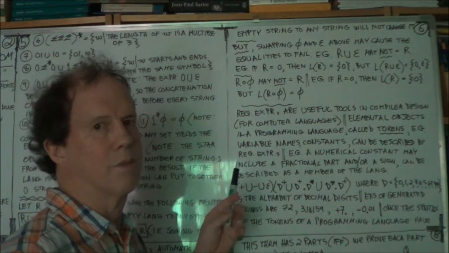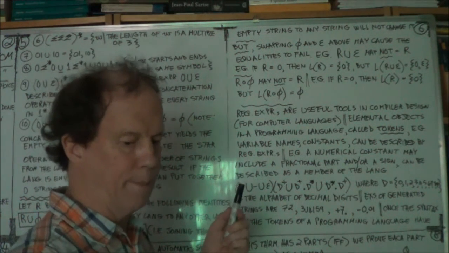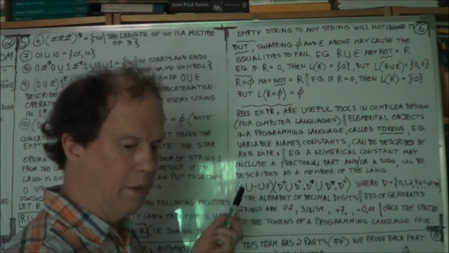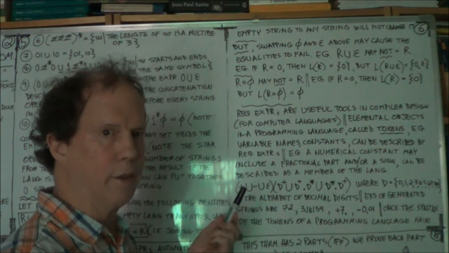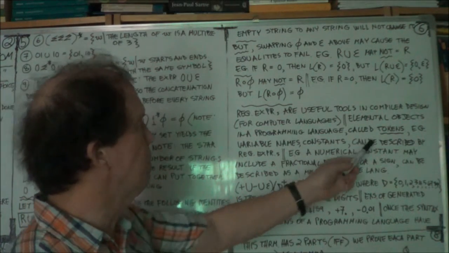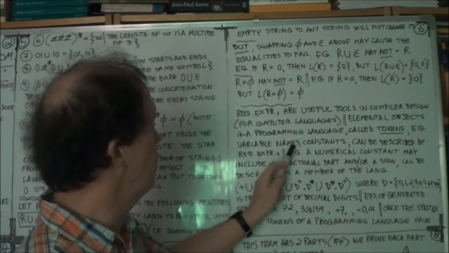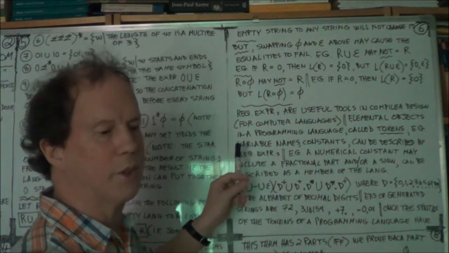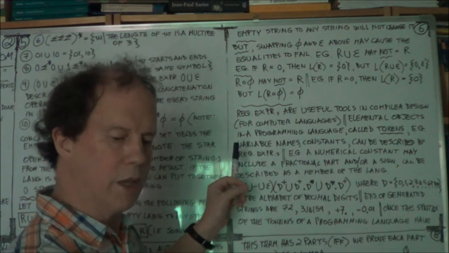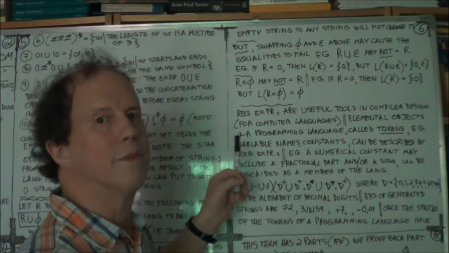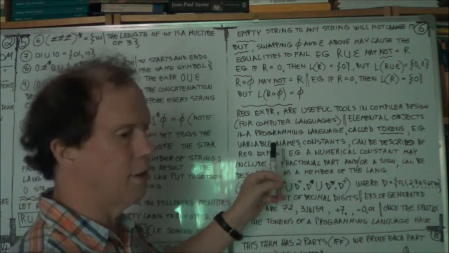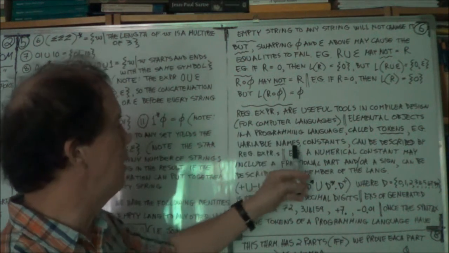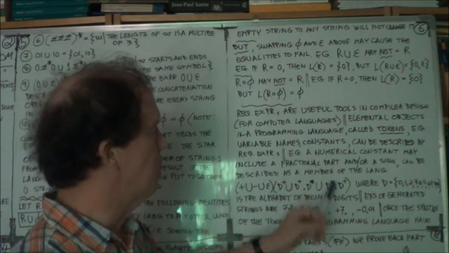So x would be a token, something that can vary in its value. These variables can have names. Like x would be a name, or you could say x1. Let x1 be 3, and let x2 be 5. So x1 and x2 are variable names, the names of variables, and constants.